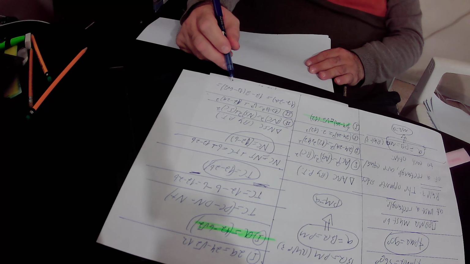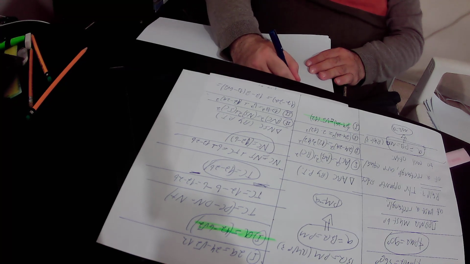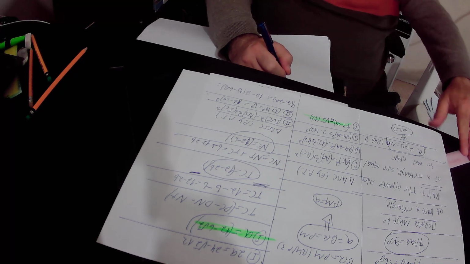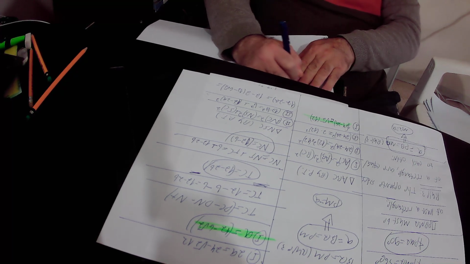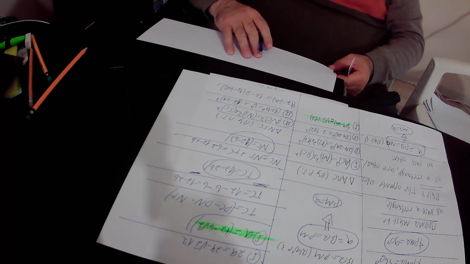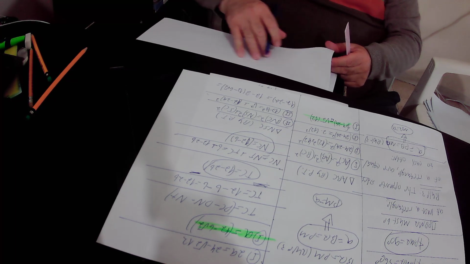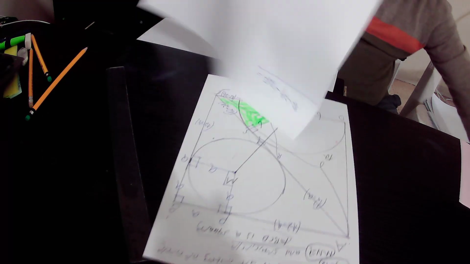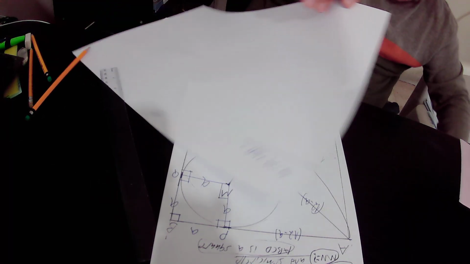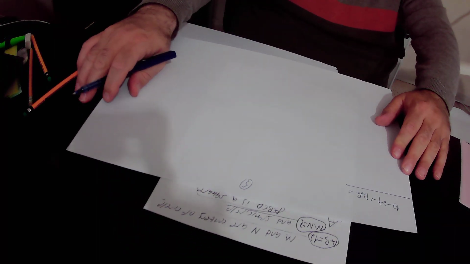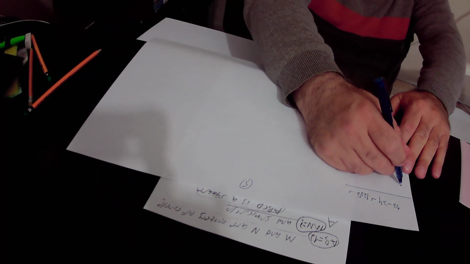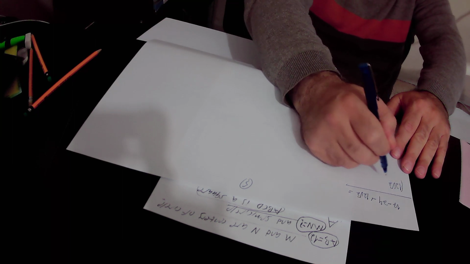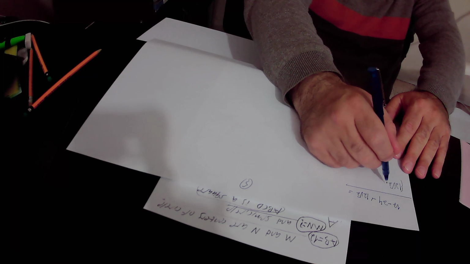Minus 2 times minus 6 times square root of 2 is plus 12 times square root of 2. 12 minus 24 is minus 12.